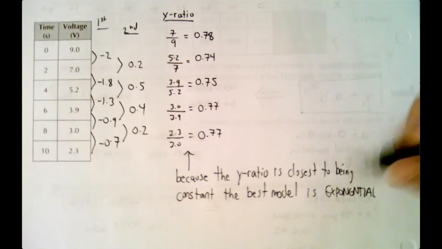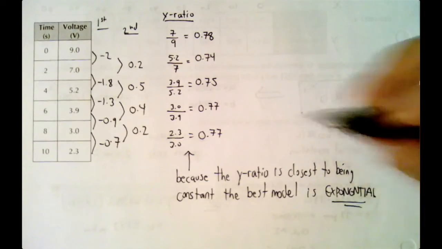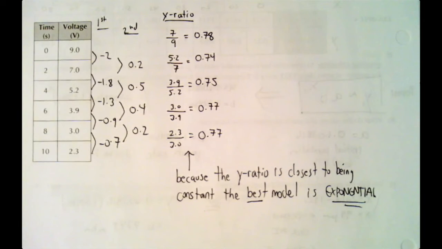It's not a perfect model, it's just the best model because it's the one that's closest to fitting. So it's like the curve of best fit rather than the perfect curve.